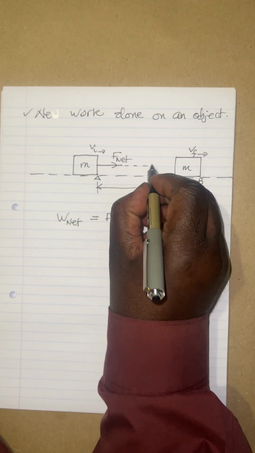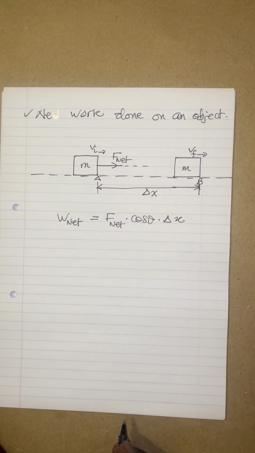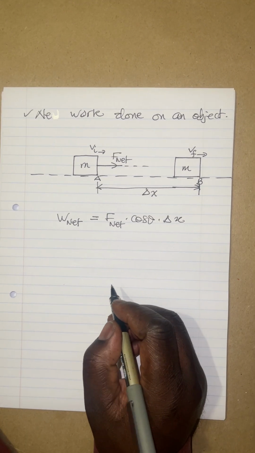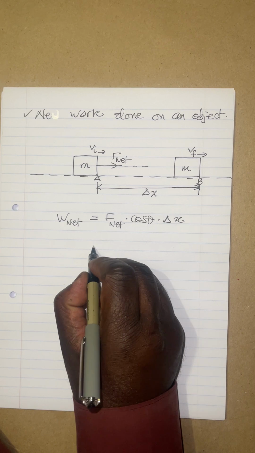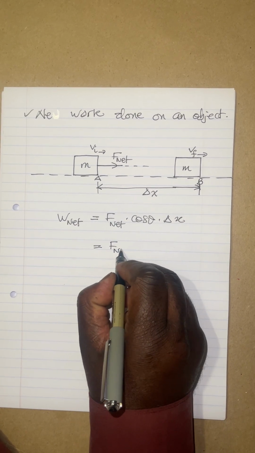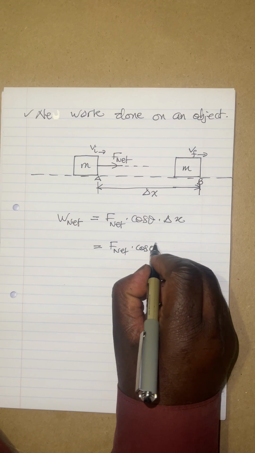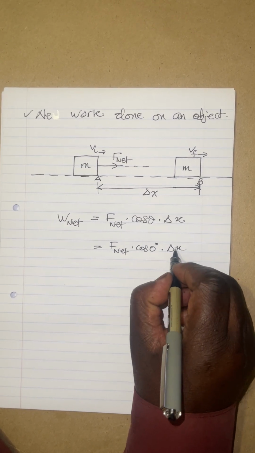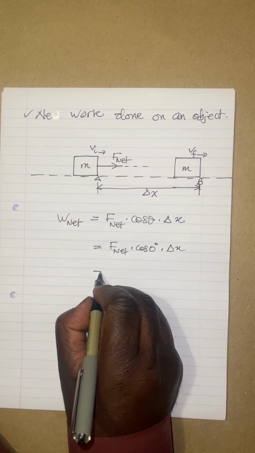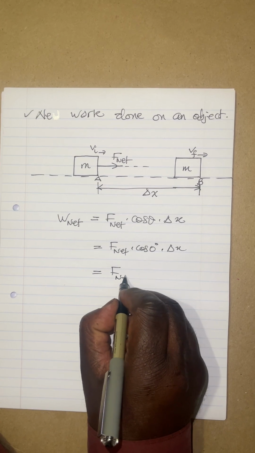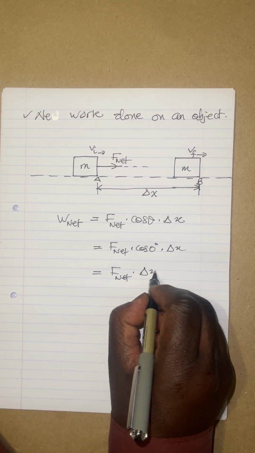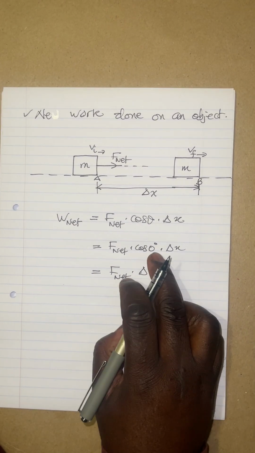Direction of motion is along the x-axis or horizontally to the right. So what are we saying? We're basically saying that this is equal to F net times cosine of 0 times delta x. And what is cosine of 0? The answer is 1. So this is actually F net times delta x, because cosine of 0 is 1.